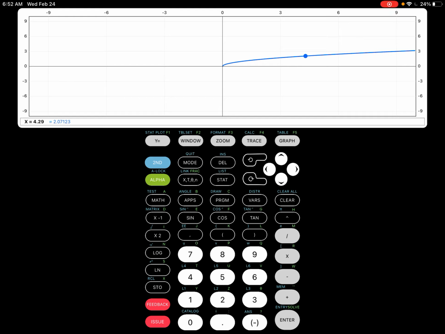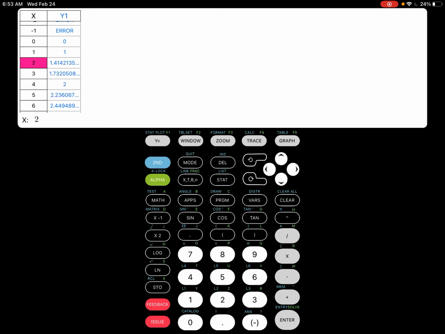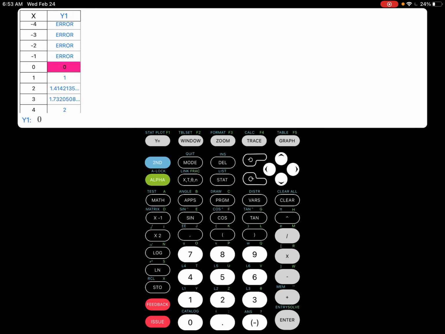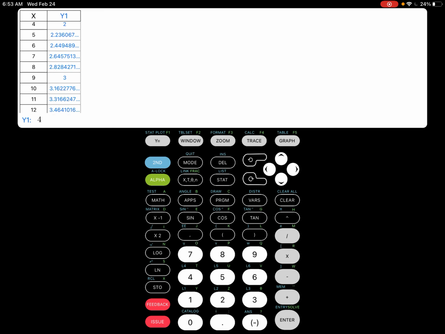If you want to look at the XY table, you click second and graph, and you see everything below 0 says error because you can't take the square root of a negative number. When x is 0, y is 0. When x is 1, y is 1; 4, 2; 9, 3; 16, 4. So you would go to the perfect squares because you know you're going to get a whole number that you can graph.